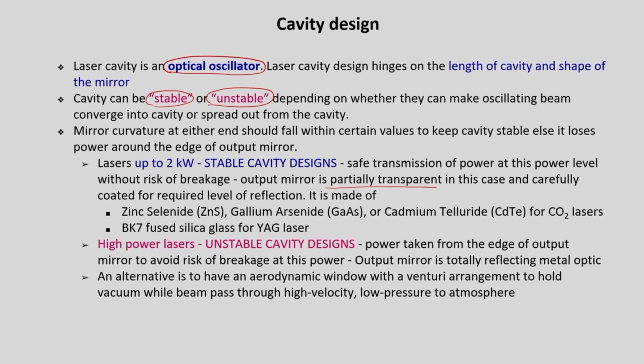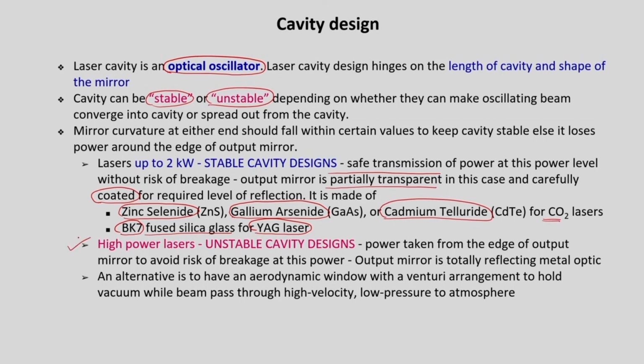This partial transparency is possible by using certain coating materials. The various coating materials available are zinc selenide, gallium arsenide, cadmium telluride for the CO2 type of lasers, and BK7 fused silica glass for the YAG type of lasers.